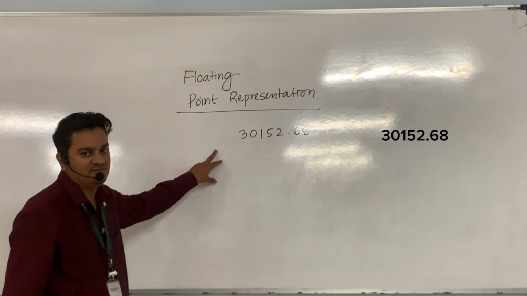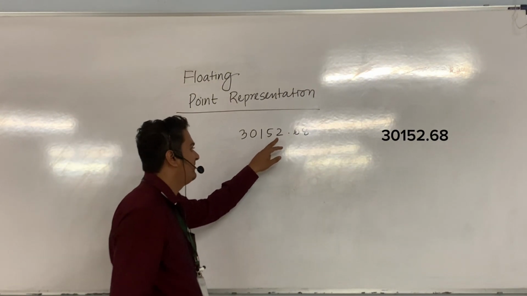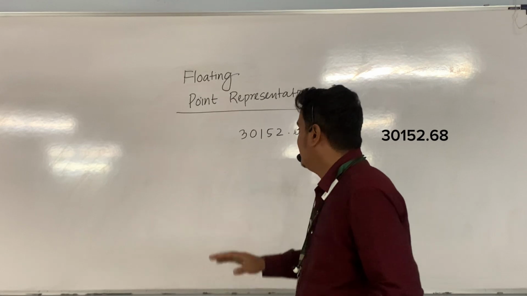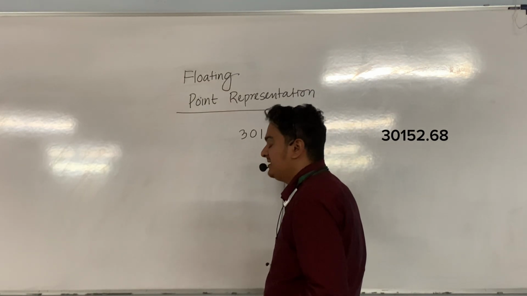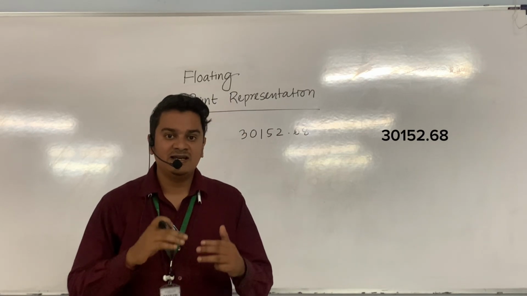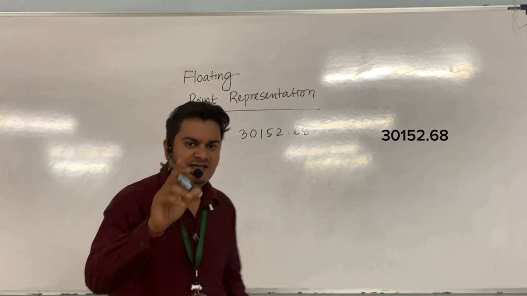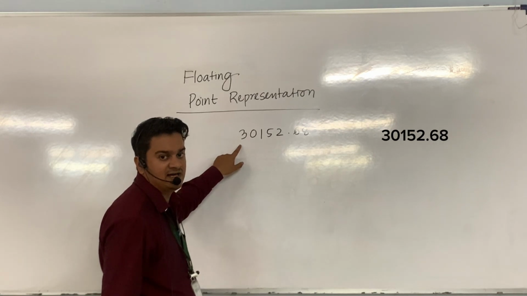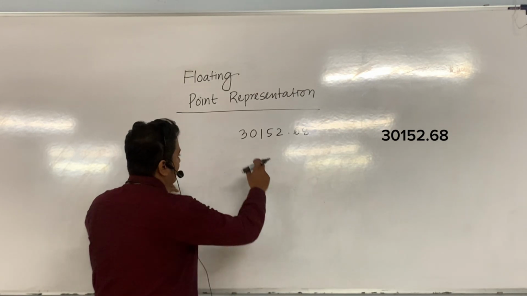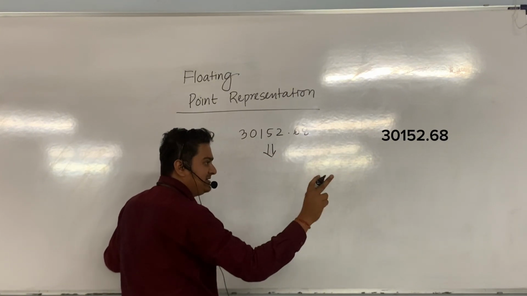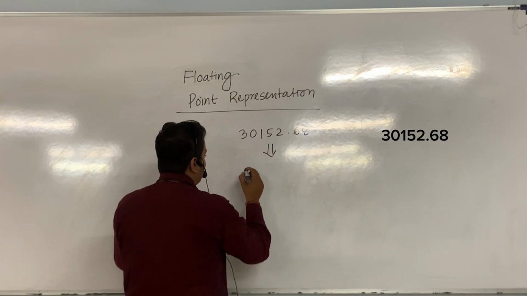I am writing a decimal number, 30152.68, with a decimal point before the 68. Now I can represent this number by keeping at least one non-zero digit before the decimal.